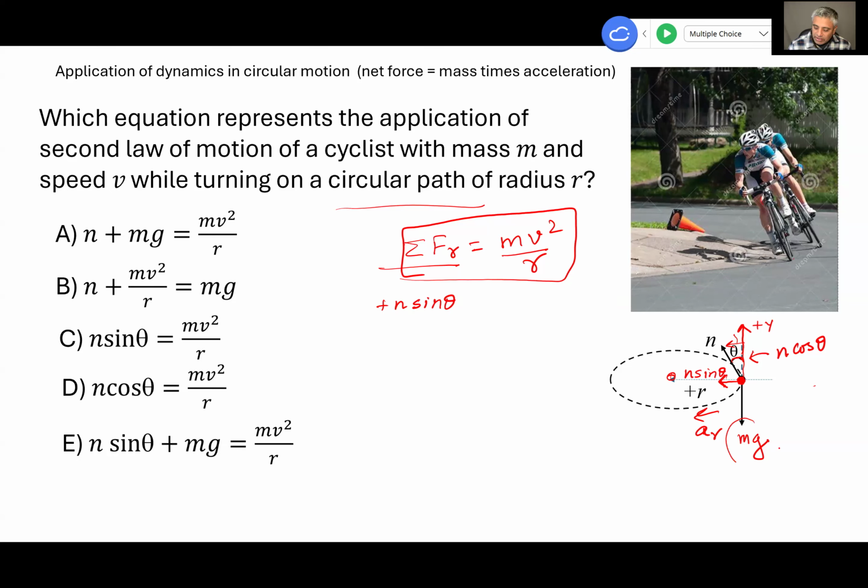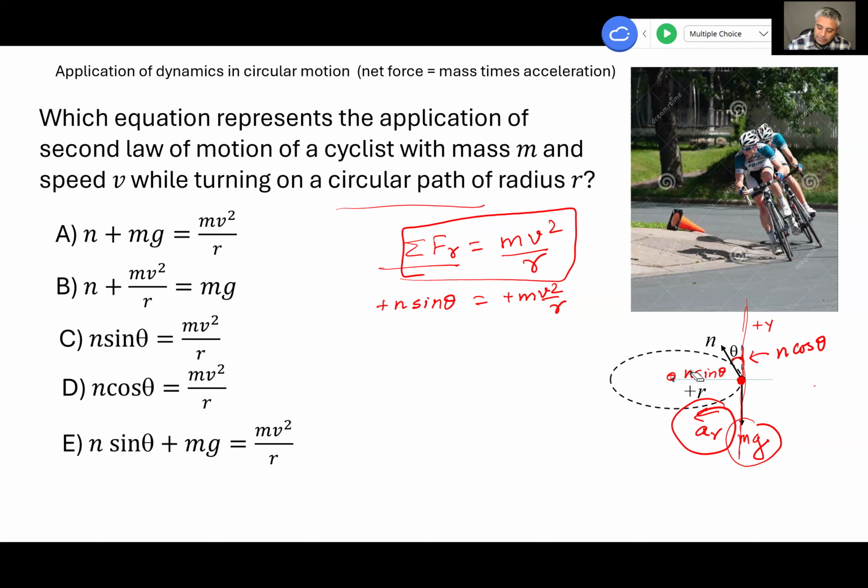Okay, so the mg is perpendicular, which is in that direction, so we don't include that there. So that is equal to positive m v squared over r, because a_r by construction is also positive.